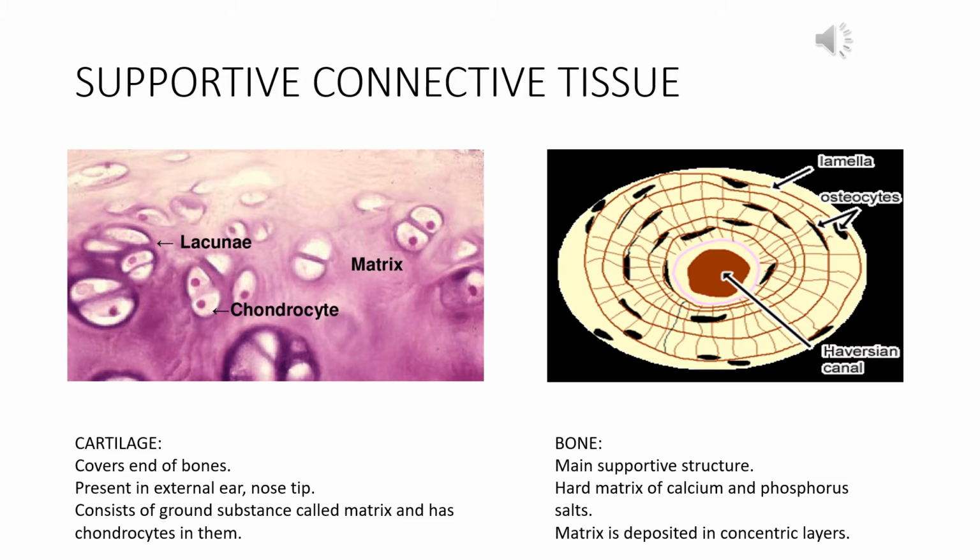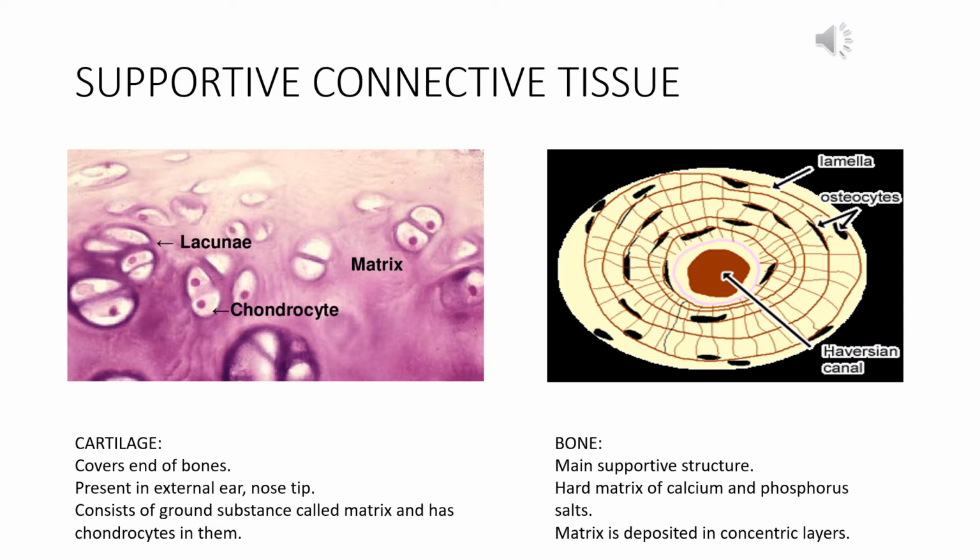The first type we have is the supportive connective tissue. Supportive connective tissue contains the cartilage and the bone. Now, what is cartilage? Cartilage covers the end of the bones. Now try to move your external ear.